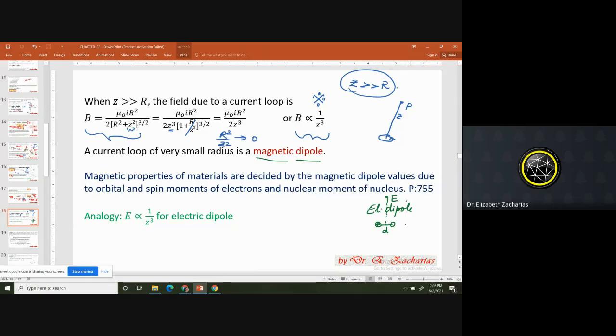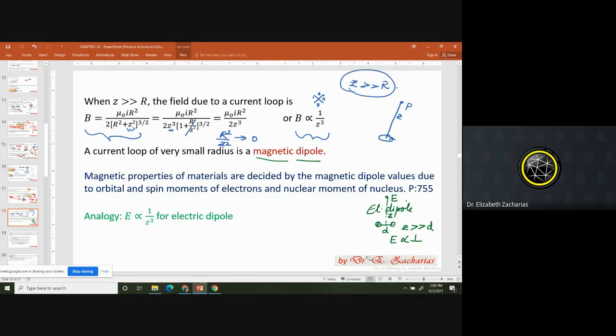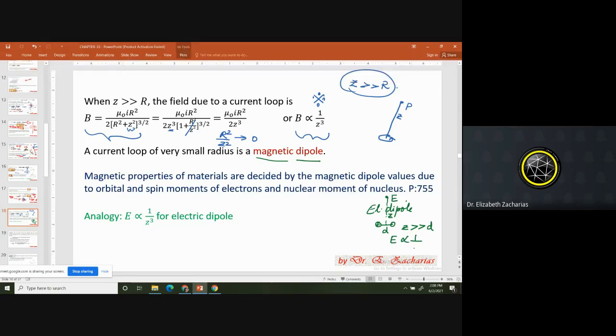We have seen that when Z is much, much greater than d, the electric field was proportional to 1 by Z cube.